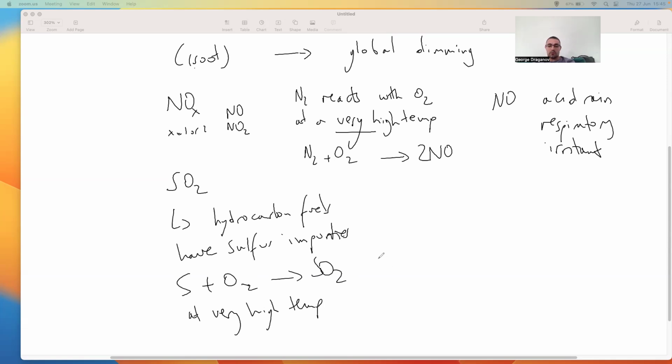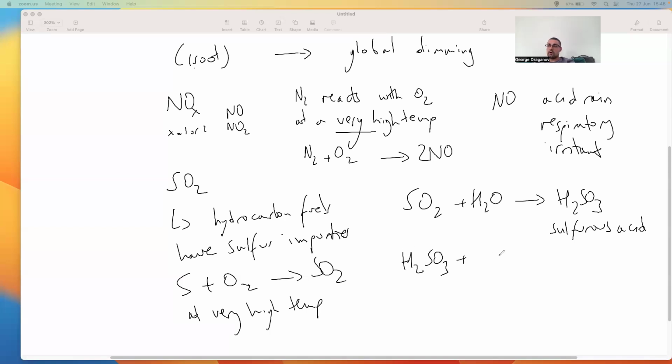And then what's bad about SO2 is that it can contribute to acid rain. That's the main actual contributor. So SO2 reacts with rainwater and it makes H2SO3, which is called sulfurous acid, not sulfuric. But then the H2SO3 is very quickly oxidized by oxygen in the air.